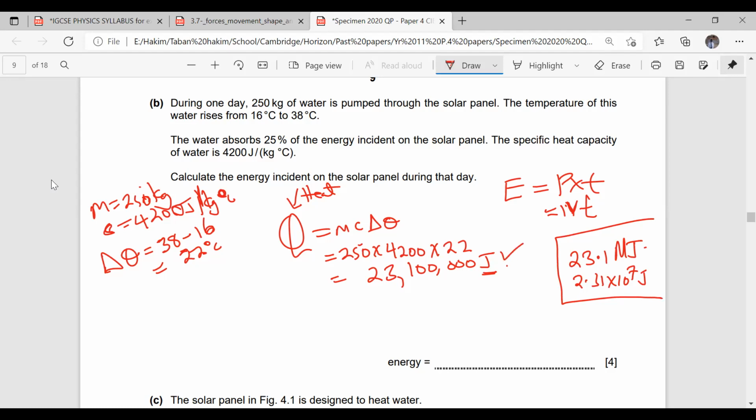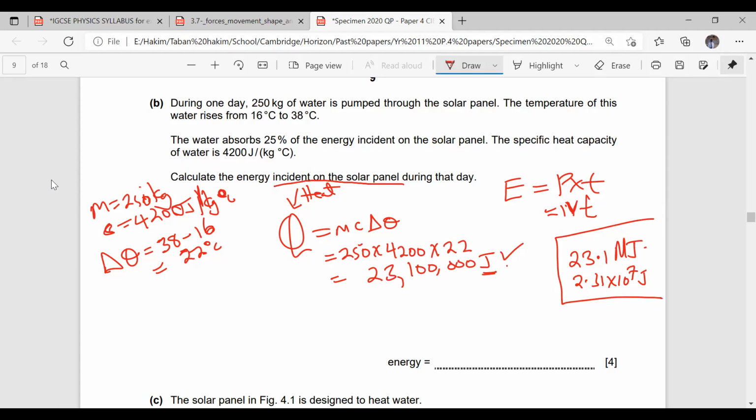Okay, do we end up here? No. We say power is equal to... We want to find the energy incident on the solar panel.